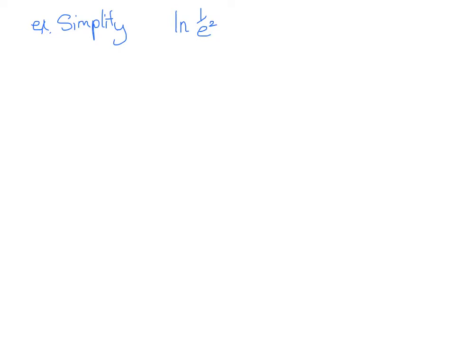In this example, we're being asked to simplify something that looks wonderfully complicated, but don't worry, it's really not that bad. Again, ln is really just log to the base e, so if it makes you more comfortable, you can rewrite it that way, of 1 over e squared. That fraction doesn't have to be a fraction. We can take this number up, and remember what happens to the exponent when we move the value up: the exponent changes signs.